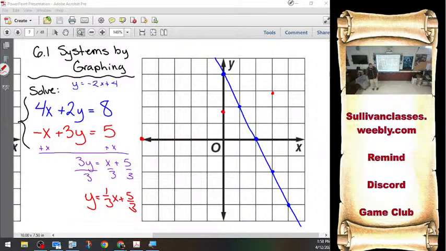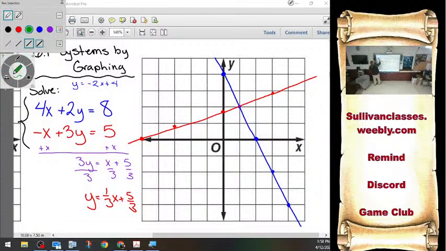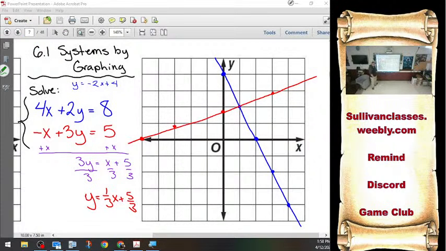And we've done this a bunch of times. Or I can go down 1, left 3. 1, 2, 3. I connect the dots. Not bad for not having a straight edge. And I see where those two cross. That is a solution to a system.